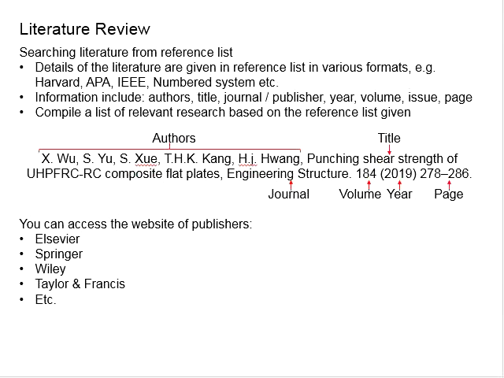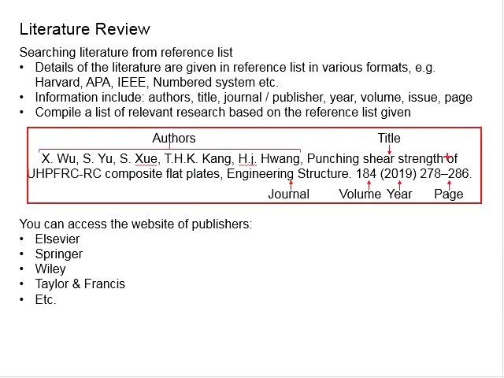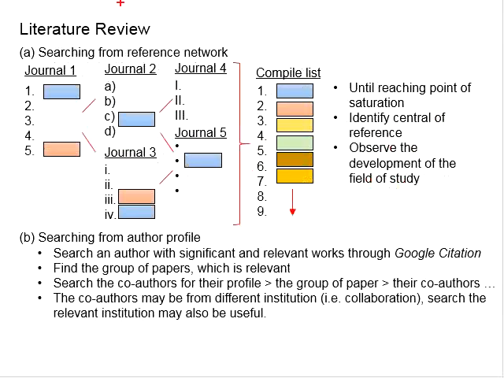Normally, good journal publishers have their journal papers properly indexed, and it is easy for you to trace the relevant papers as long as you know the title or the volume. These are several publisher websites that you can refer to for engineering related research, which were mentioned in the previous slides.